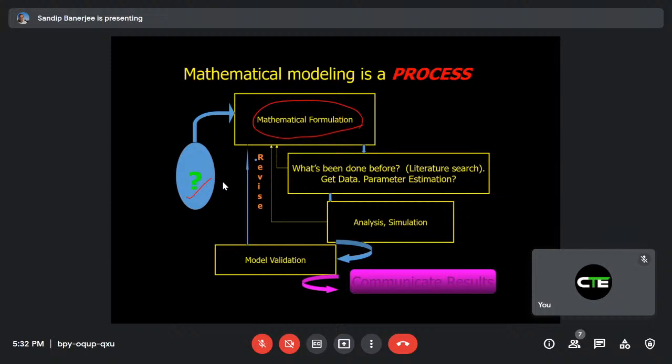You can search the literature or get the data directly. Once you get that data, you use some statistical method to estimate the parameters, because when you formulate your problem, obviously there will be some parameters. Then you plug those values in, use some numerical methods to solve the problem, and get your graph.